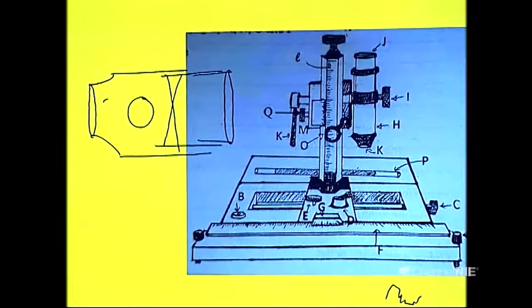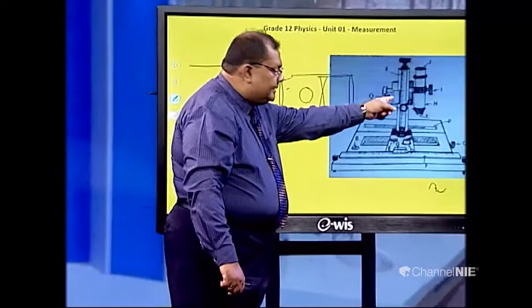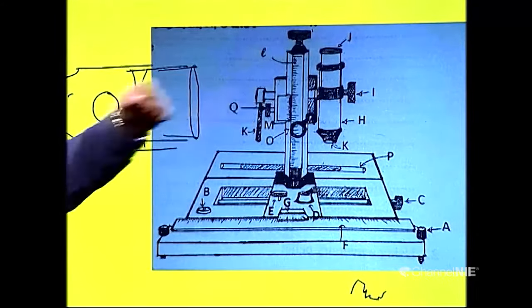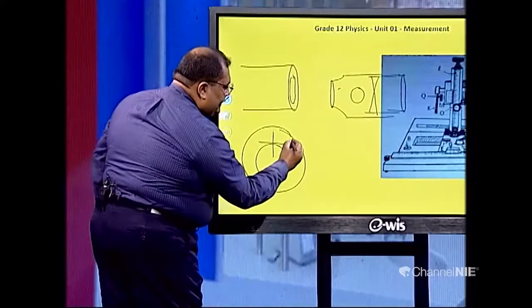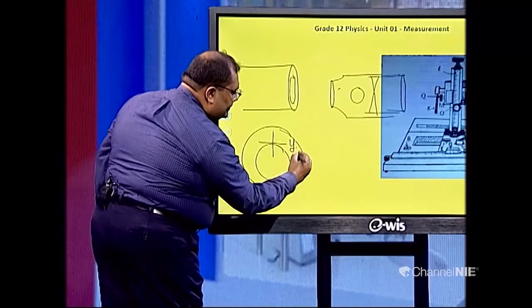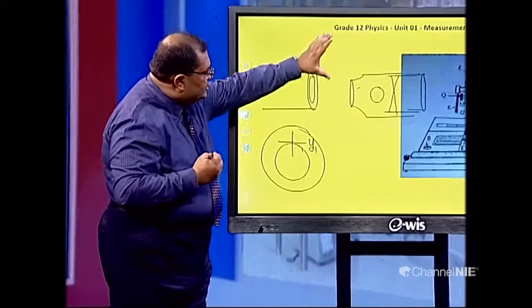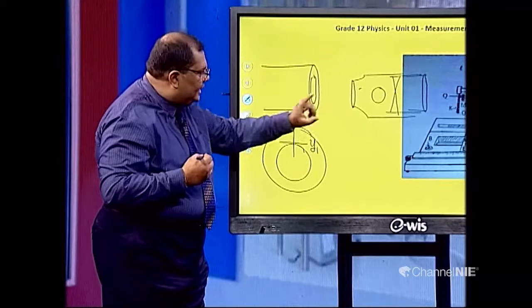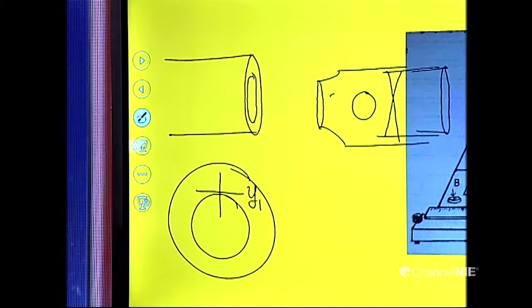After that, take the reading shown by the vernier. I can take it as Y1. After that, this should be moved down. It should be moved down until you see the bottom edge of the circle the same way.